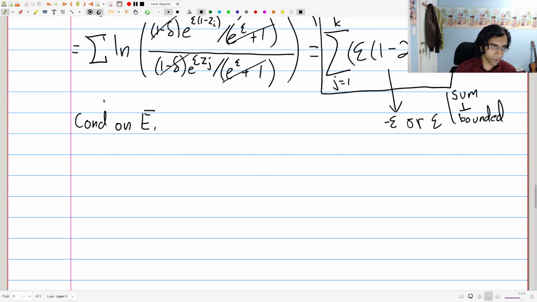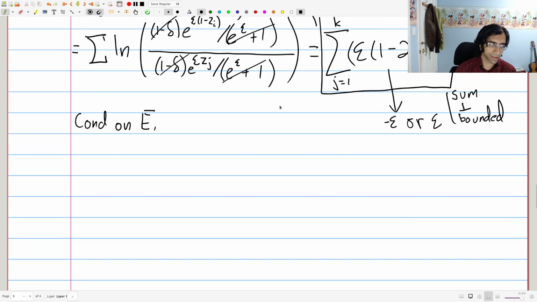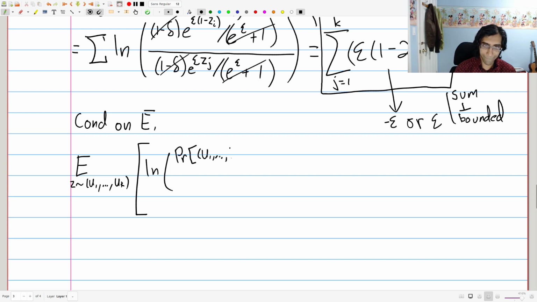And so we can now write the following expression for the expectation of the privacy loss random variable conditioning on this event. So the expectation, where z is drawn from U_1 through k, is just writing exactly the privacy loss random variable again, not too exciting.